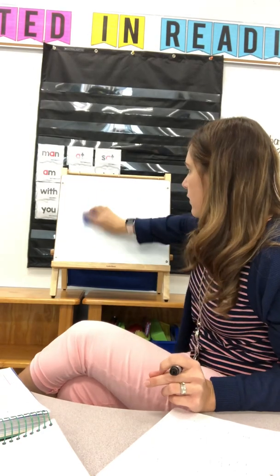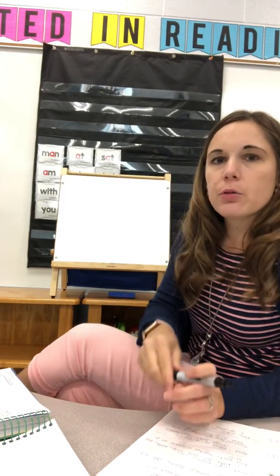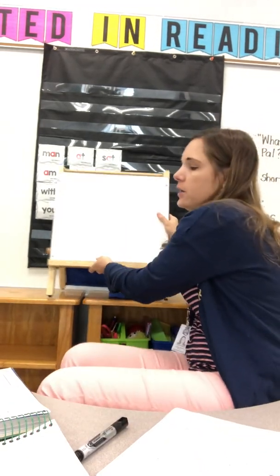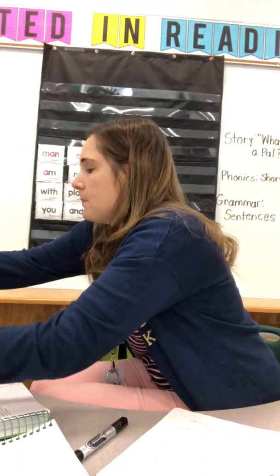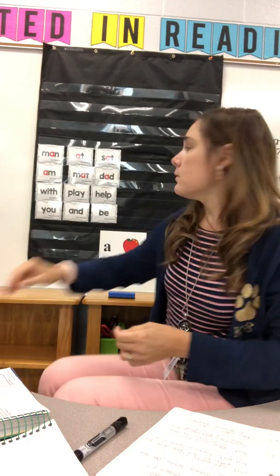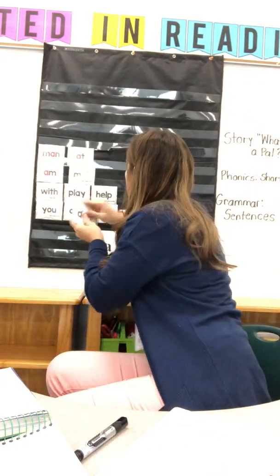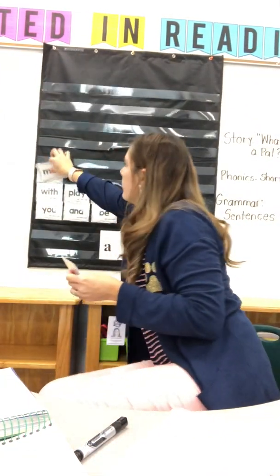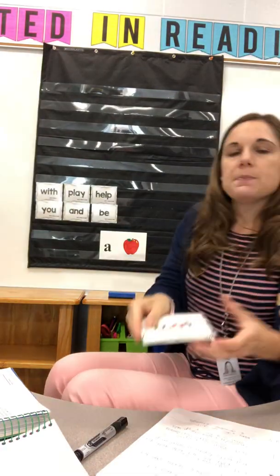All right, now I'm going to go ahead and go through your spelling words for the week. If you take a peek here behind me, let me take them out of here. All right, spelling words for the week. I'm going to show them to you.